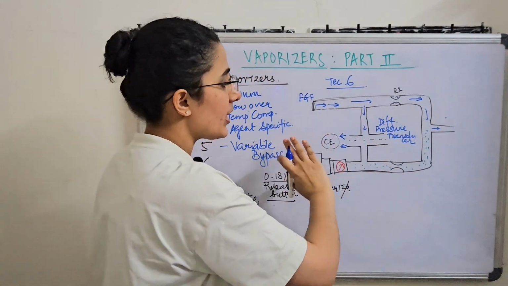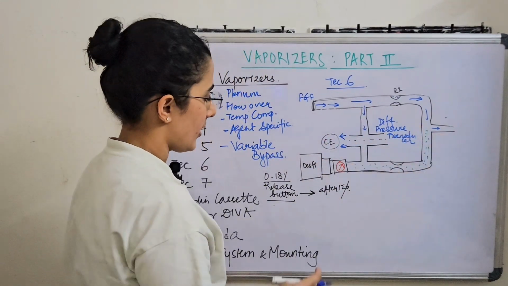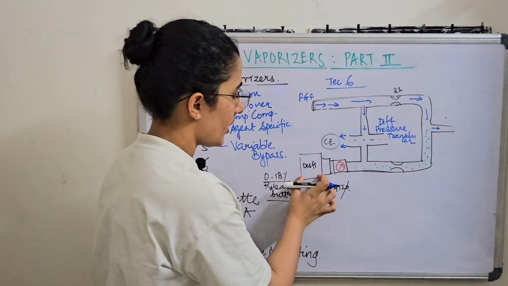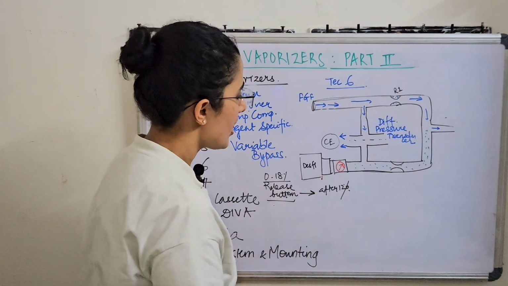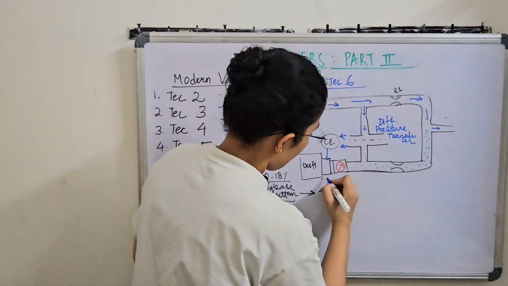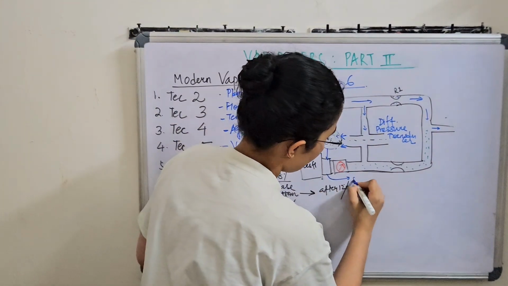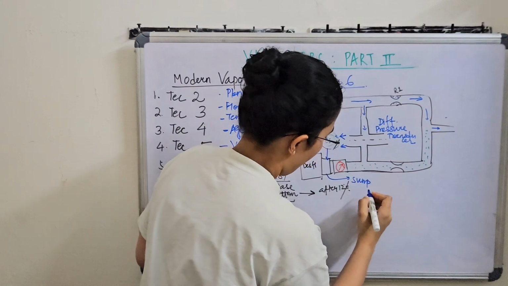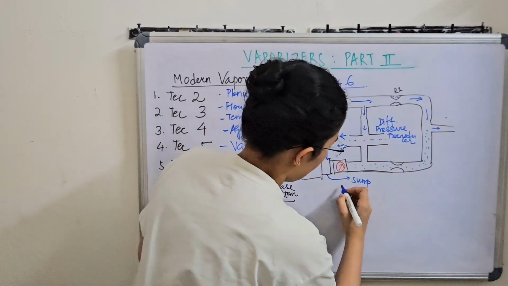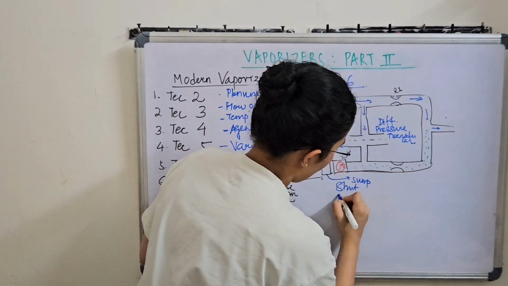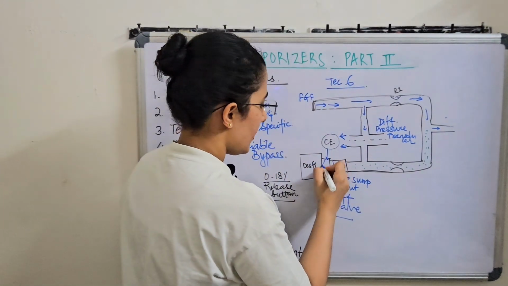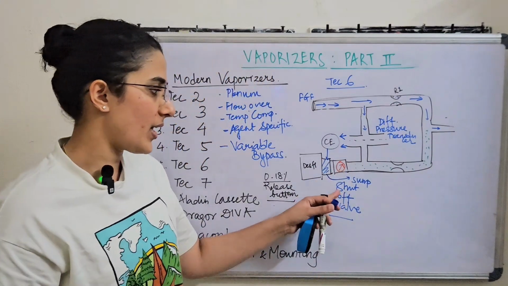The other end will be the vaporizer end. So this is the desflurane vaporizer with a reservoir containing the liquid agent. Here there is a sump shut off valve.